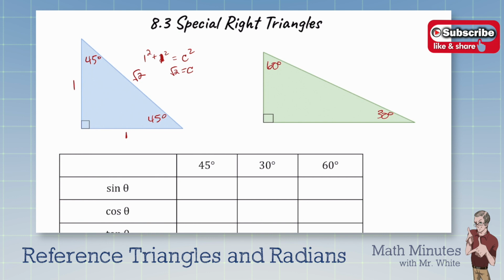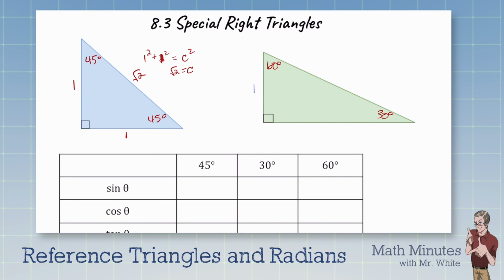Now, what about a 30-60 triangle? Well, again, we have to label one of the legs with a 1. So what we choose to do is typically label the shortest leg with the 1, and that is across, we call that opposite, from the 30-degree angle. So opposite the 30-degree angle is going to be 1.